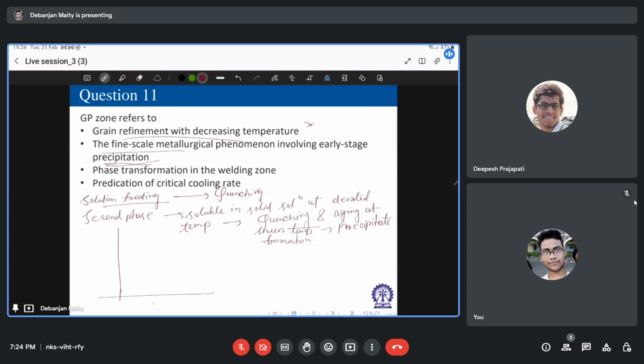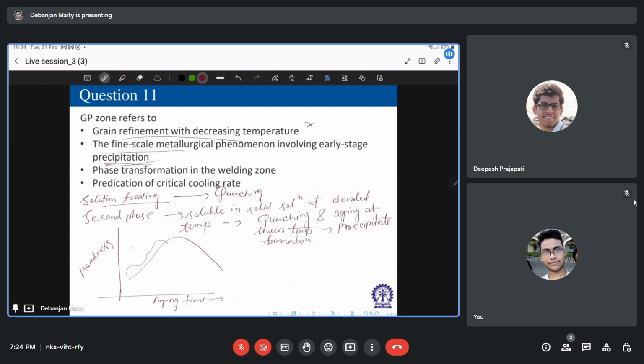So if this is your aging time, let me draw this in brief. And then if you have the hardness value, you have this kind of profile over there.